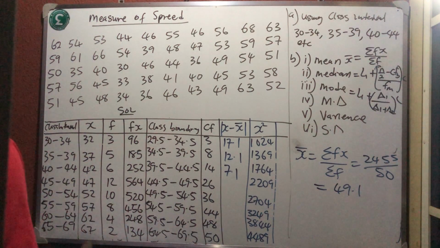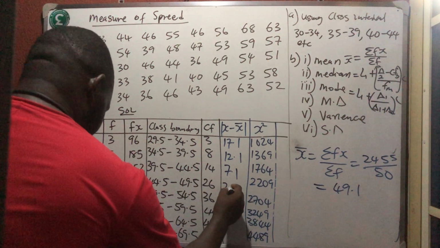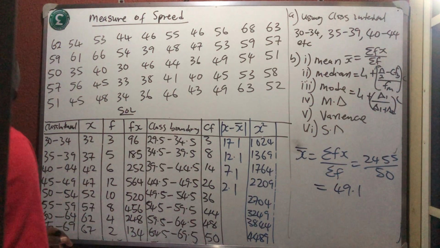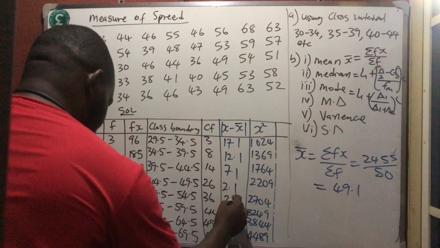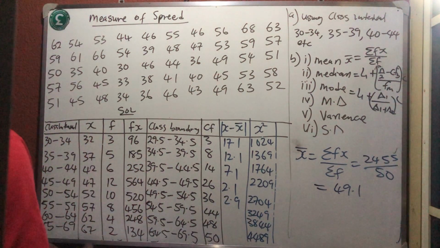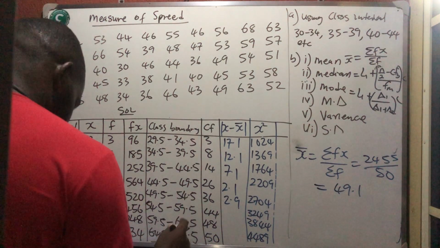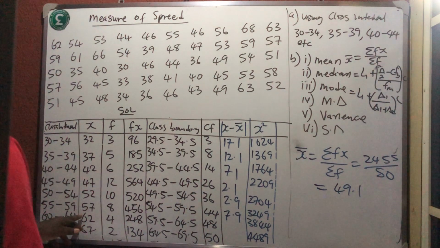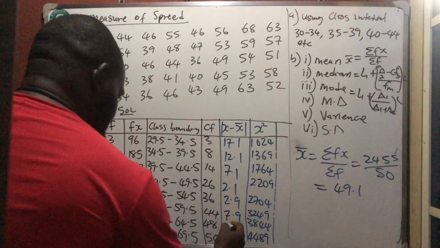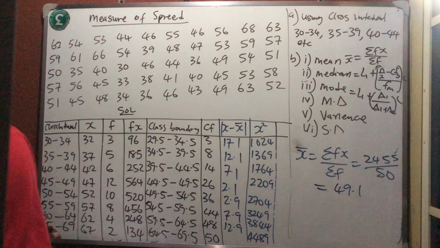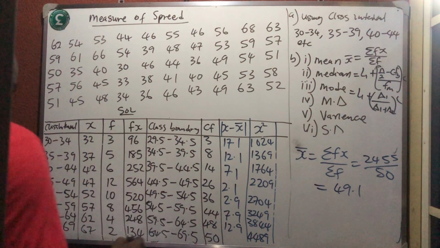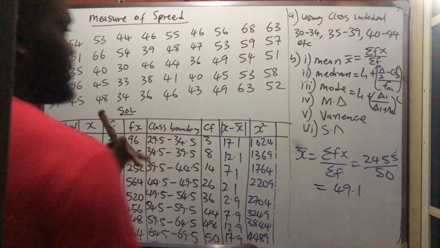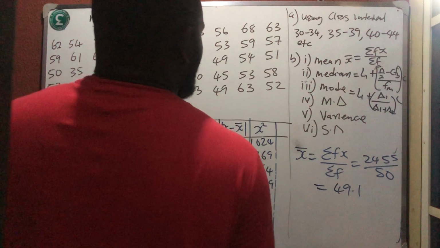Then 47: 2.1. Then 52: 2.9. Then 57: 7.9. Then 62: 12.9. Then 67: 17.9. Okay, so this table will now help you to get anything at all you want to get.